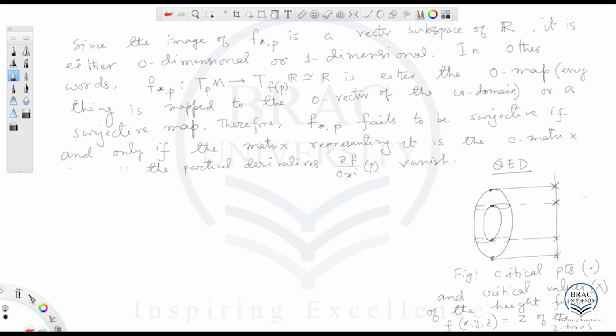If I take the differential of this map, then it fails to be surjective at these 4 points only, right?